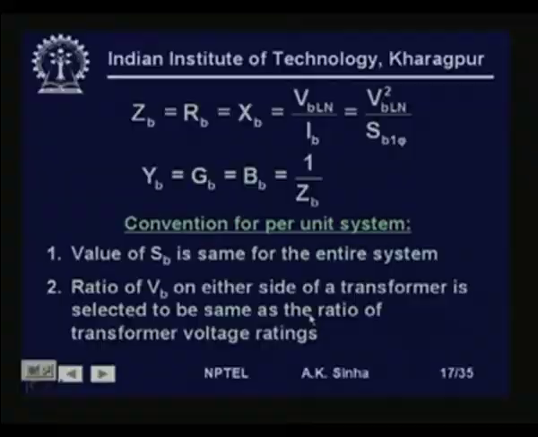This is very important, because on the two sides of the transformer you have two different voltage levels, and we can choose different voltage bases on the two sides. It is very advantageous if we choose the voltage bases on the two sides of the transformer to be in the same ratio as the turns ratio of the transformer.